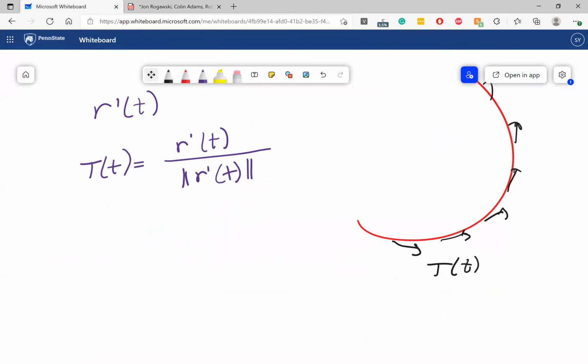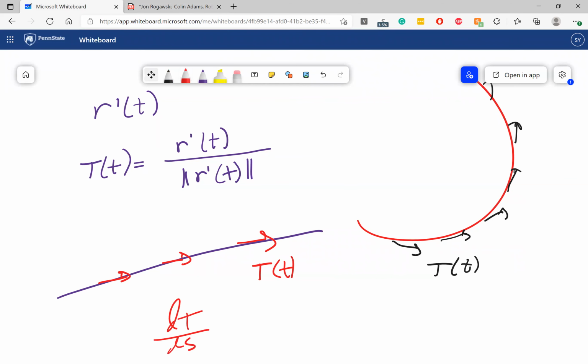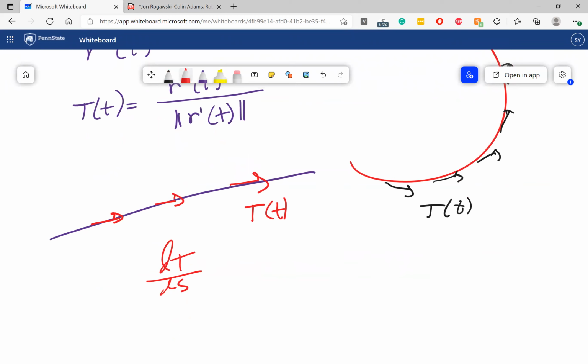So let's say you're on a line. And here are your unit tangent vectors. So these are your T of t's. Well, then dT over ds is going to be equal to 0 because there is no change in your big T as you vary s. But if you're on a circle, for example, then here are your unit tangent vectors.